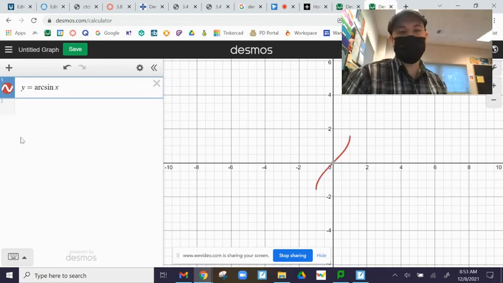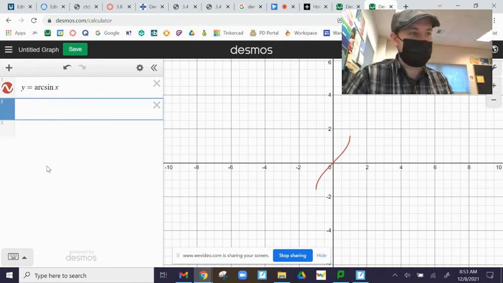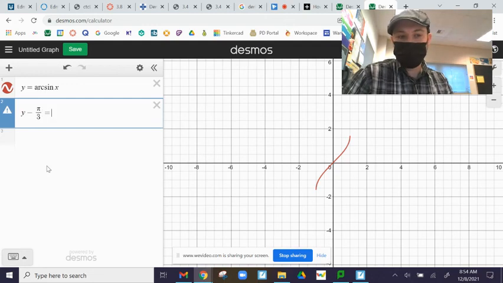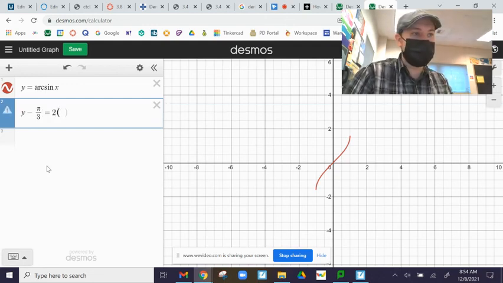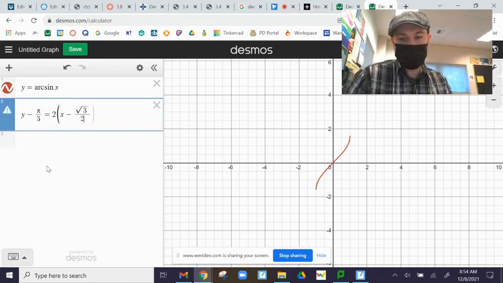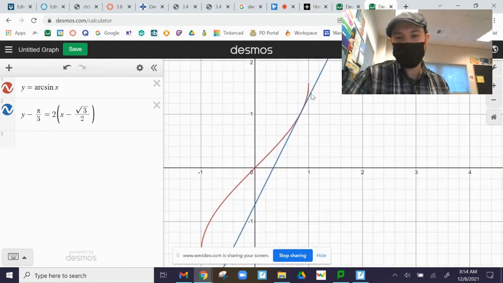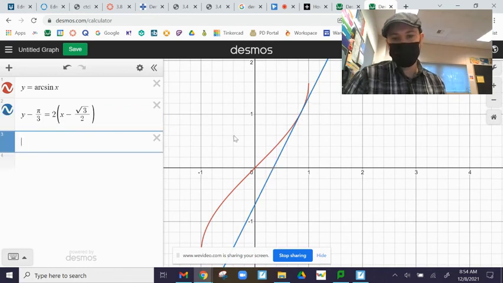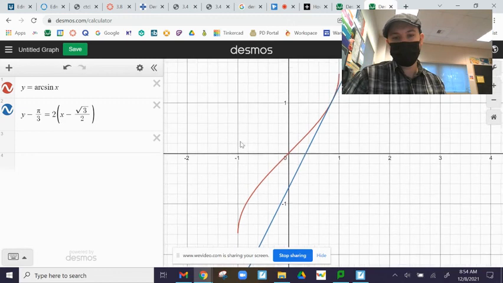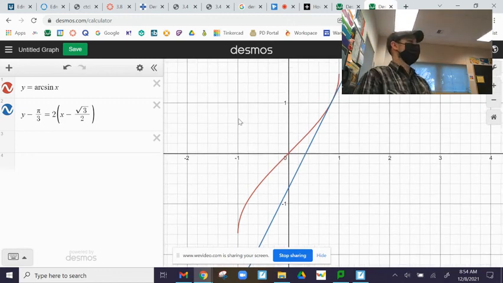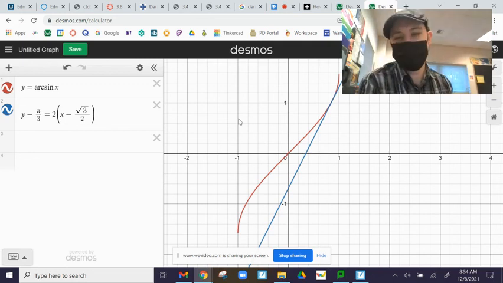And then I'm gonna graph what I hope is my tangent line. So y minus pi over 3 equals 2 times x minus the square root of 3 over 2. And that certainly looks tangent. So, I'll take it. Looks good to me. There we go. Sorry, question? Yeah, looks tangent enough. It's been certified tangent enough.